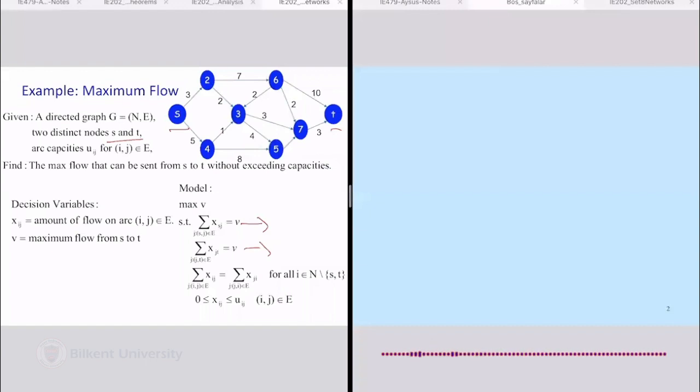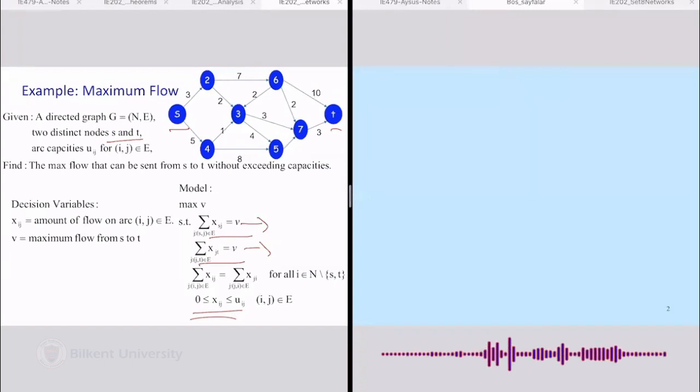If it receives, it should send, because I don't care about them. And my flow should satisfy the bounds on the arcs. So what is the largest amount I could send is the question. Okay, maximizing V, subject to: from S, dispatch V units. Well, T should also absorb V units, and everybody else should have out minus in equals 0.